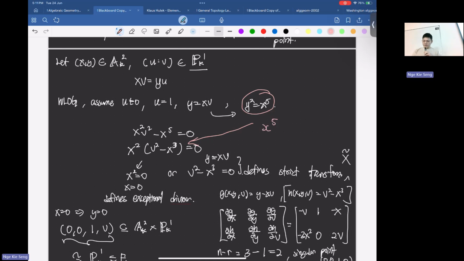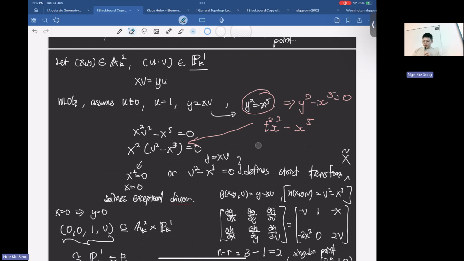For example, what's this equation? Let's make it y square minus x to the 5 equals 0. If you sub x in for the x component, and sub t x into the y component, you get t square x square minus x to the 5.